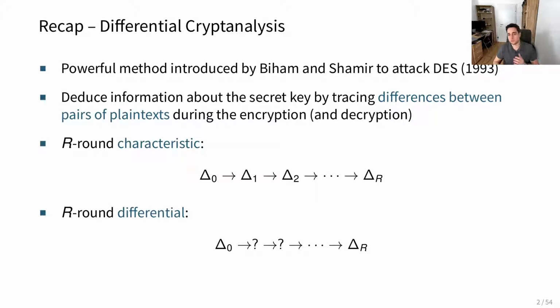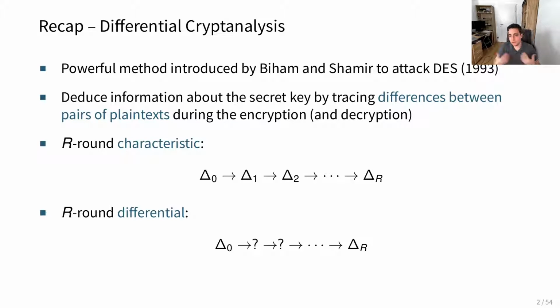In the best case, you would like to recover the secret key. It does so by tracing differences through pairs of plaintexts and doing the encryption or the decryption, but this can also be applied to things that don't do encryptions. For instance, it can be applied to hash functions also. This is then called rebound attacks, which partially use differentials also.